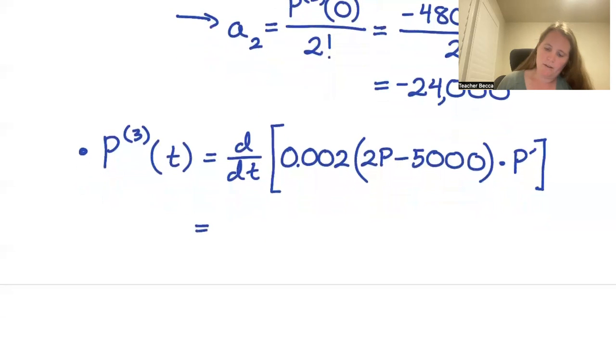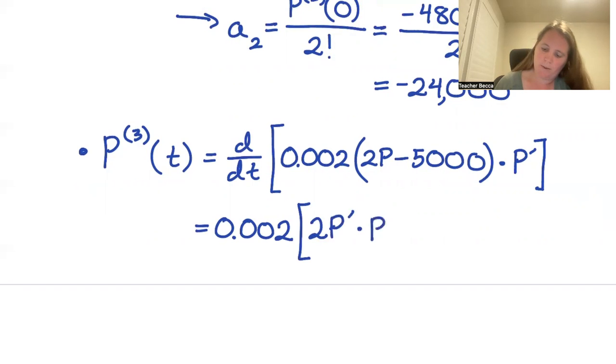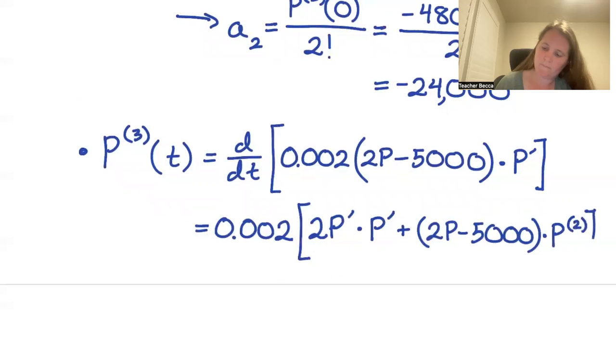We can do a product rule here. The derivative of 2p minus 5,000 would be 2 times p prime, and then we multiply by p prime. Then to that we add 2p minus 5,000 times the derivative of p prime, which would be that second derivative.